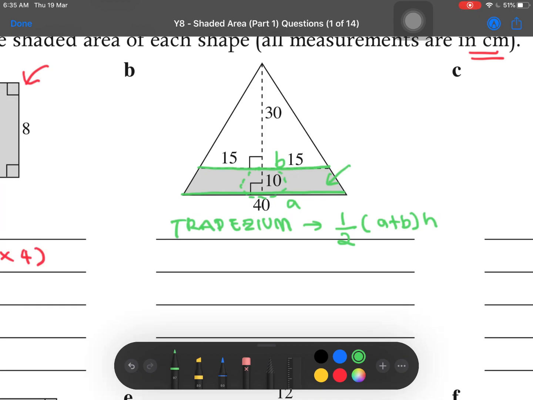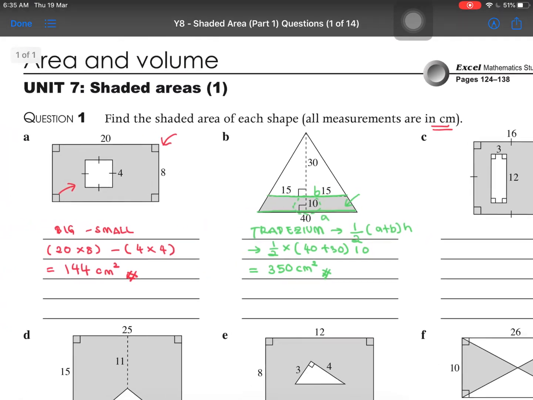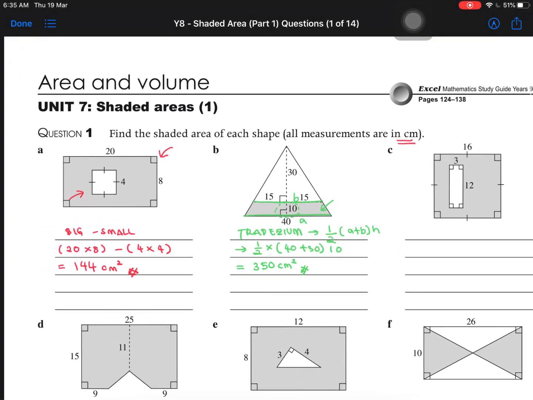Now this is very straightforward. It's half times 40 plus 30 multiplied by 10. So the answer is 350 cm squared. Done.